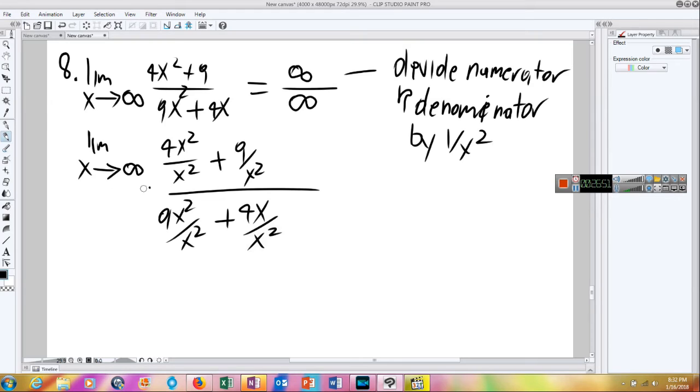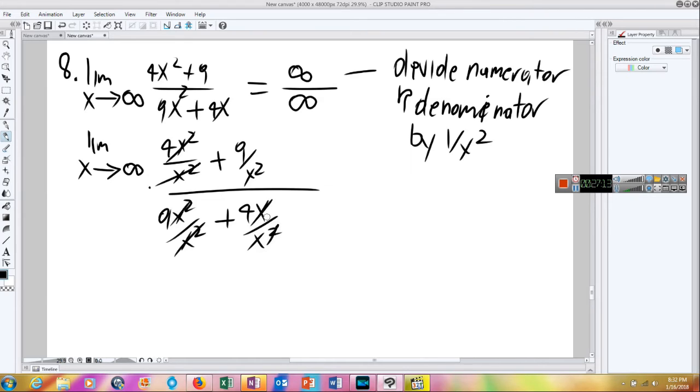So here's what's gonna happen. These cancel, that leaves 4. These cancel, that leaves 9. 9 divided by infinity to the 2nd power, and 4x, hold on, 1.